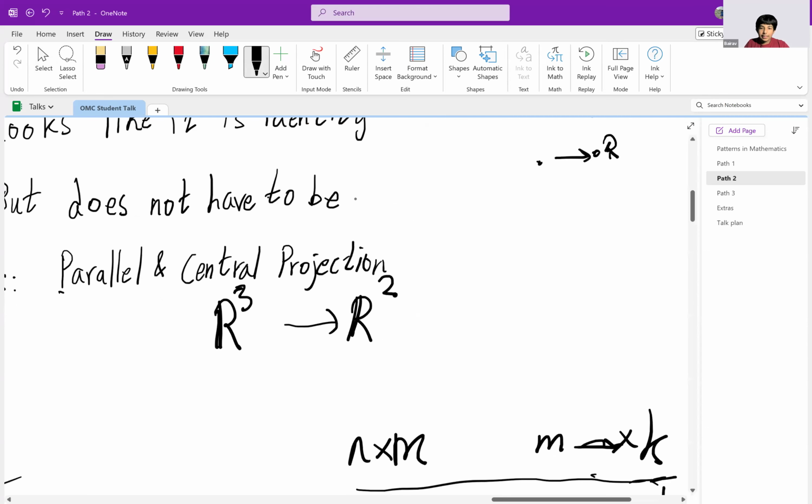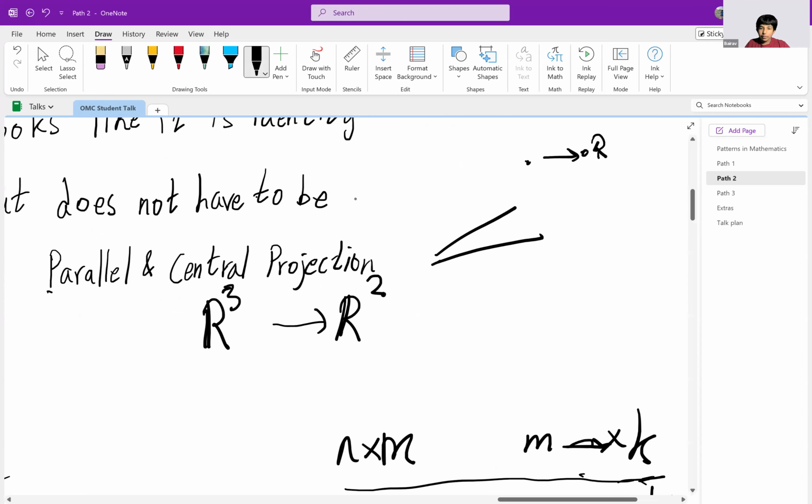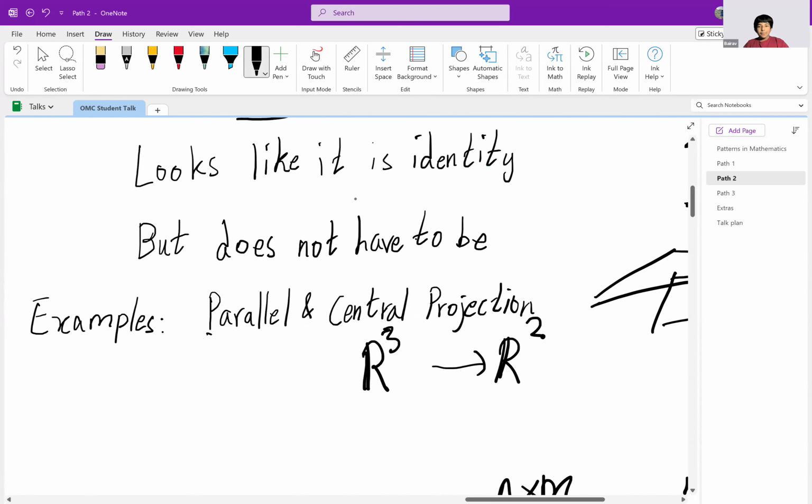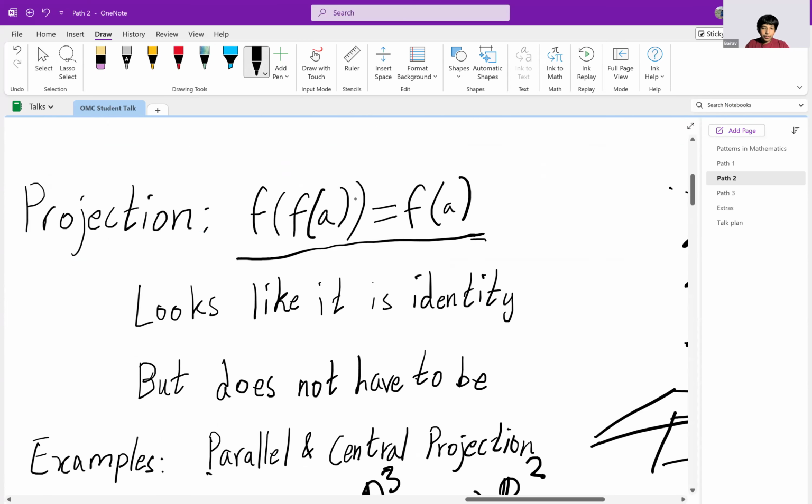Because usually we'll take them from a plane to a plane. So it's a bit odd. So there are, however, interesting things if we look at this sort of projection from very basic function.